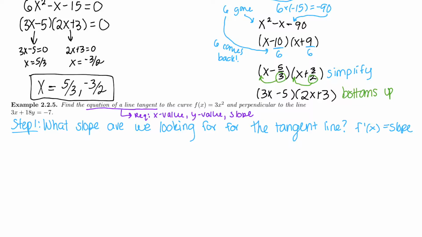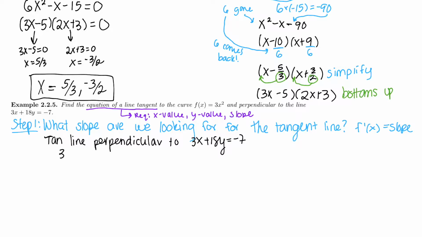We know that the tangent line is perpendicular to this line. So we can find the slope of that line, and if we can find the slope of this line, we can find the perpendicular slope.